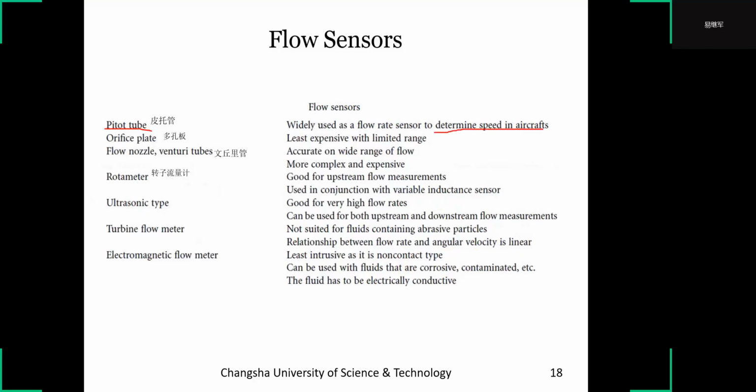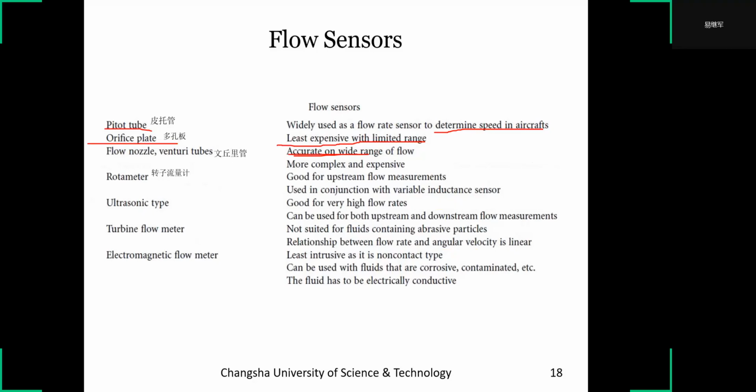Orifice plates are less expensive, which means cheap, but with limited range. Flow nozzle, venturi tube: accurate over a wide range of flow.